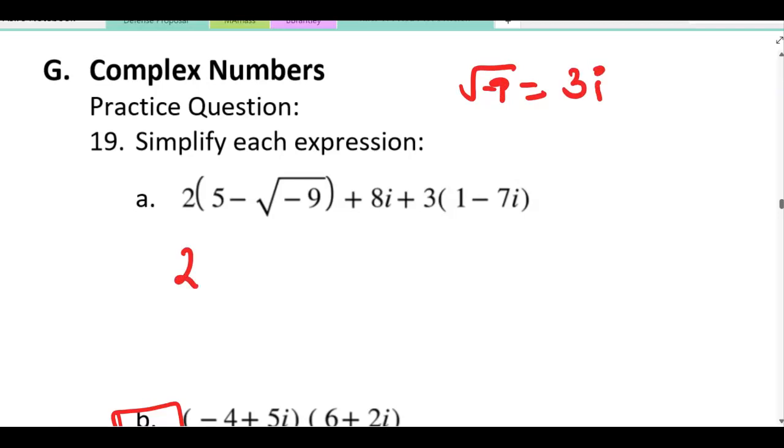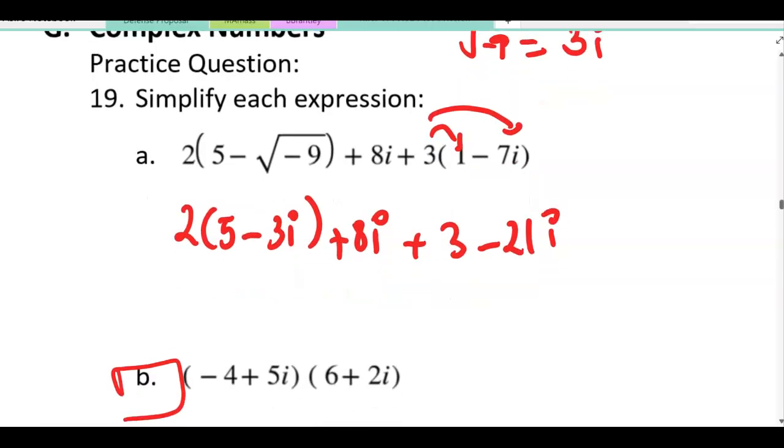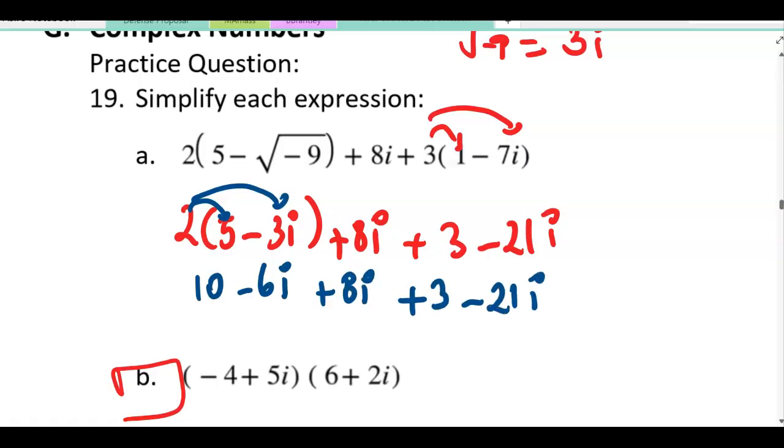Then that will be minus 3i plus 8i plus, as I'm writing this, 3 minus 21i. So open up the parentheses, that will be 10 minus 6i plus 8i plus 3 minus 21i.